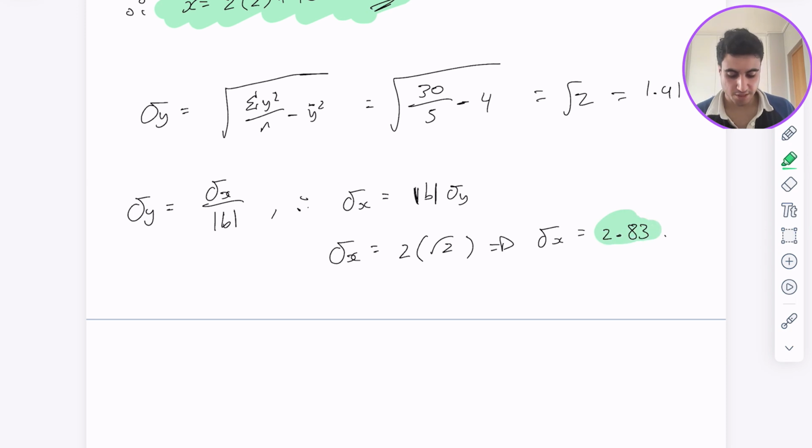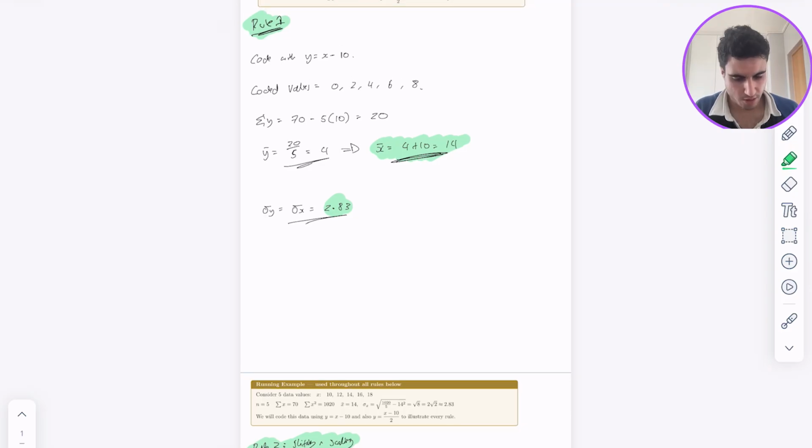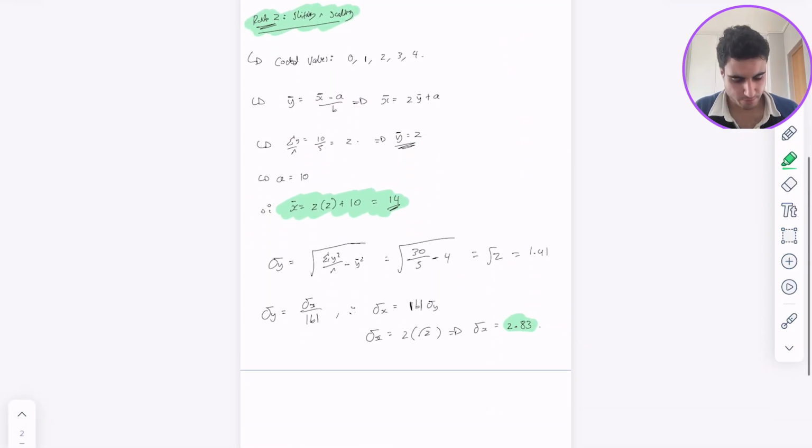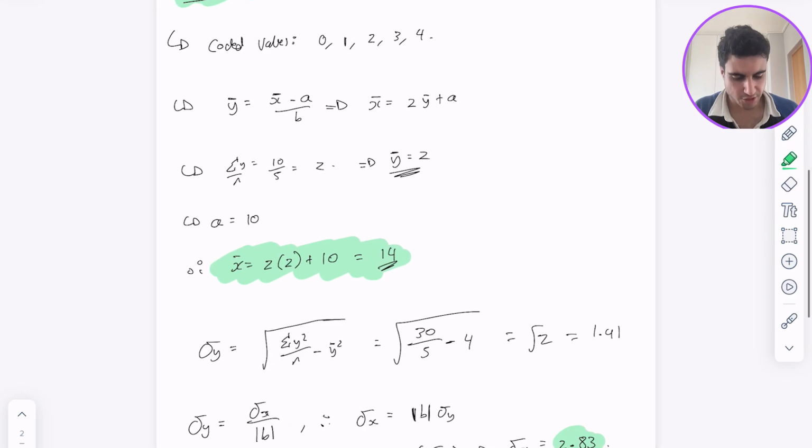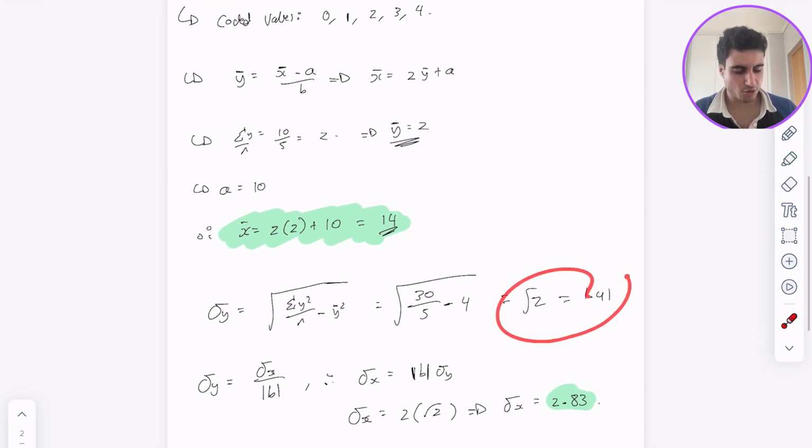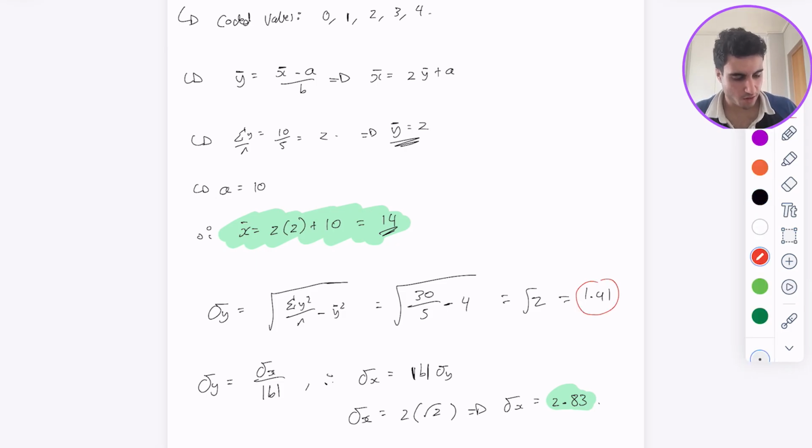So as you can see, guys, what's happened here? Well, our standard deviation, our coded standard deviation, has effectively been halved. It's been halved because we scaled by a factor of 1 over 2 here.